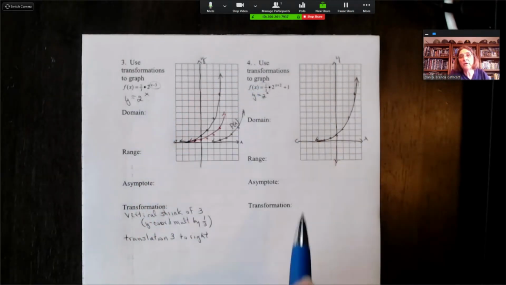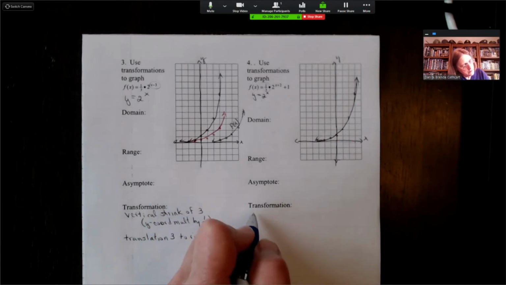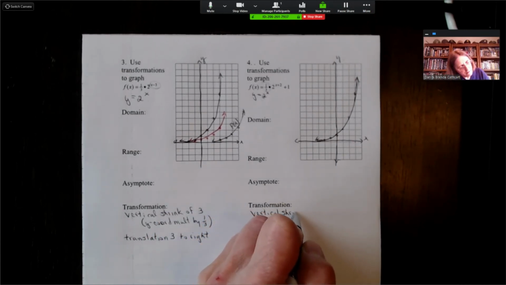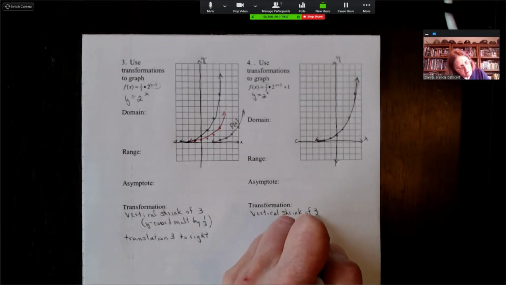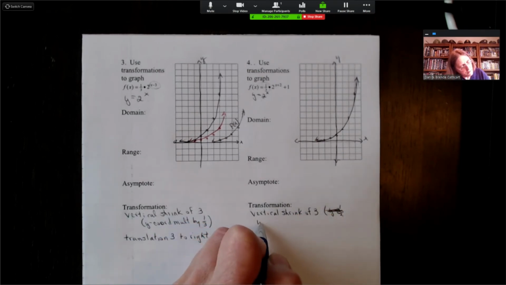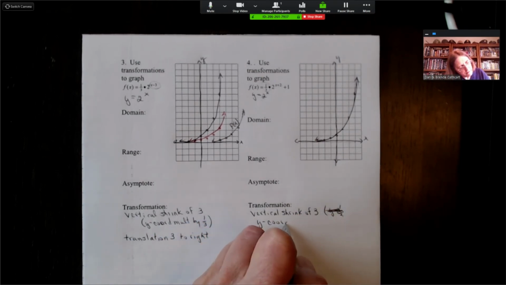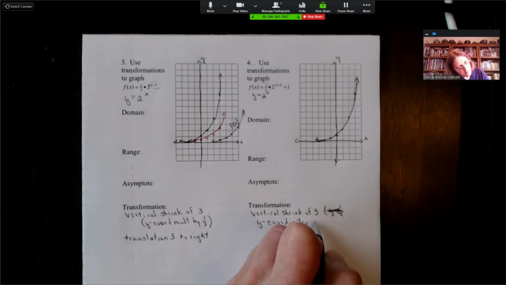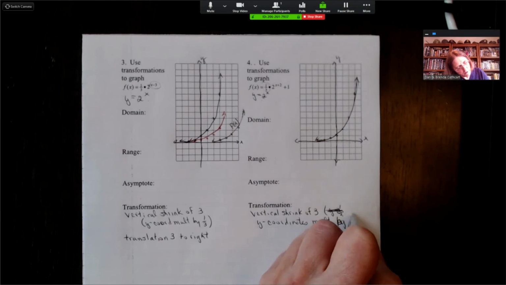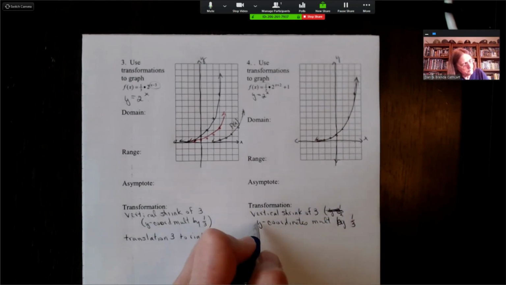It's the 1/3 vertical shrink. So we have a vertical shrink of 3. That is, the y coordinates are multiplied by 1/3. Write it that way. Y coordinates multiplied by 1/3. Okay, there we go.